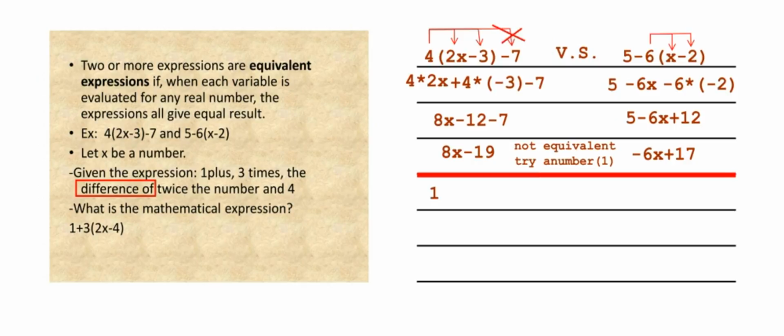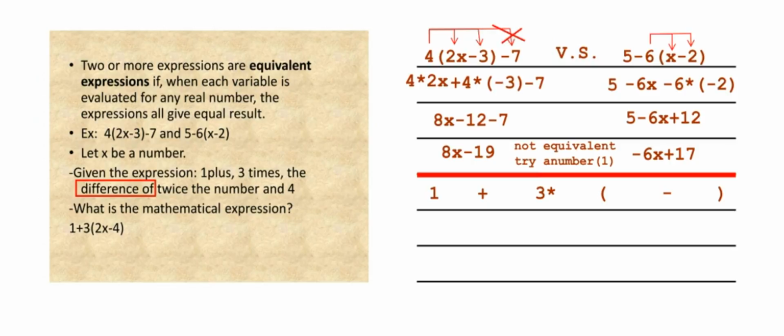We have 1 plus, so that means we're adding, 3 times, multiplying, and there's kind of a comma there. So the comma implies there's going to be something else added or multiplied, or you're going to do something else in parentheses. So that's the difference of.